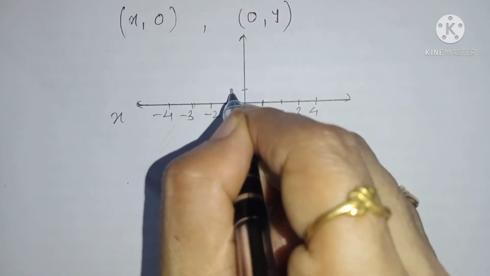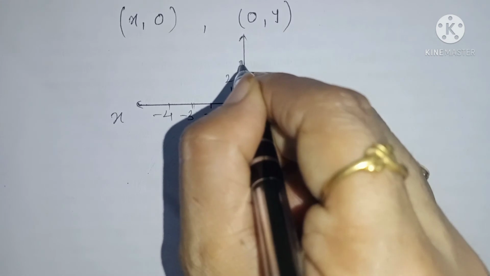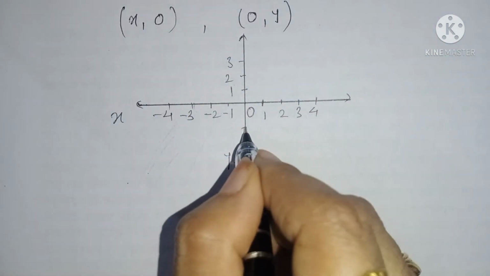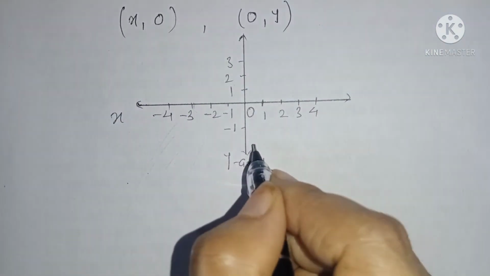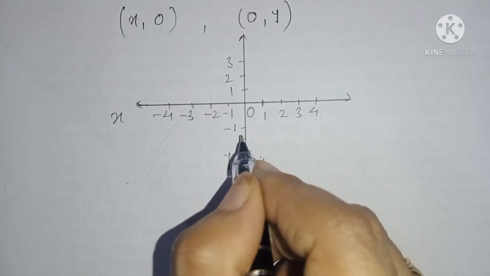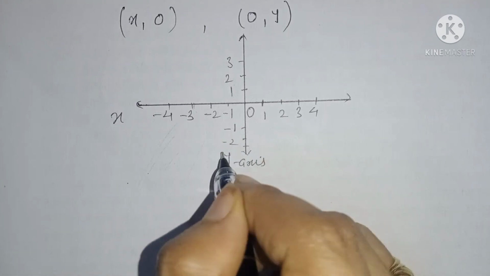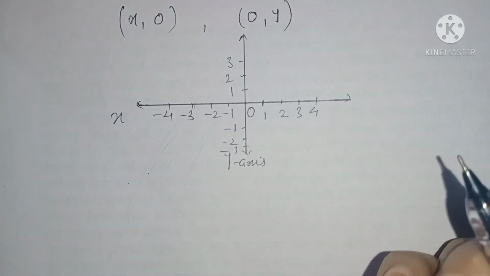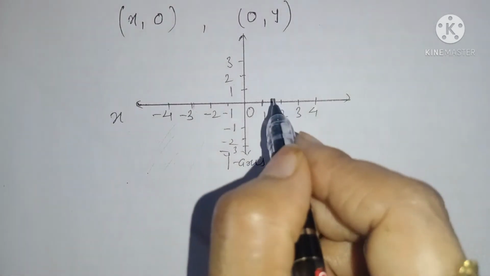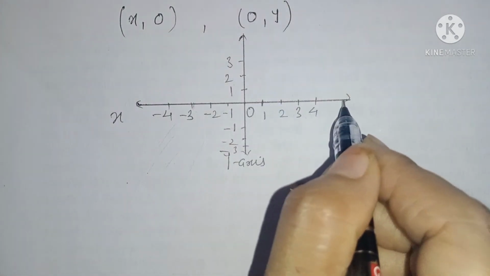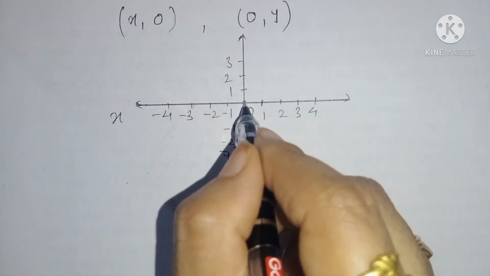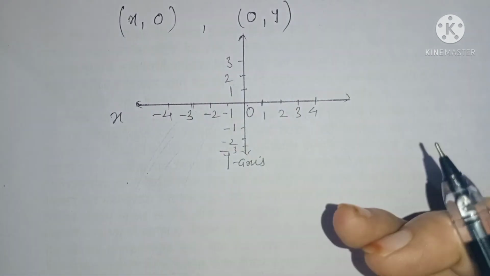Then here upper 1, 2, 3, 4 and here you have to represent by -1, -2, -3 and so on. Alright, this is positive x-axis, negative x-axis, positive y-axis, negative y-axis.